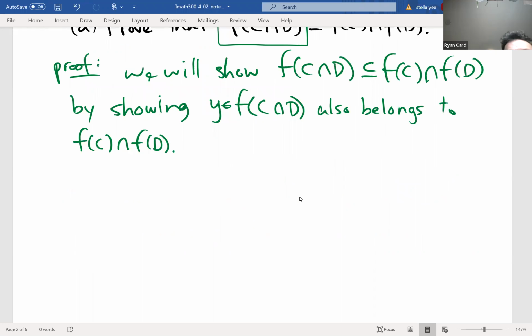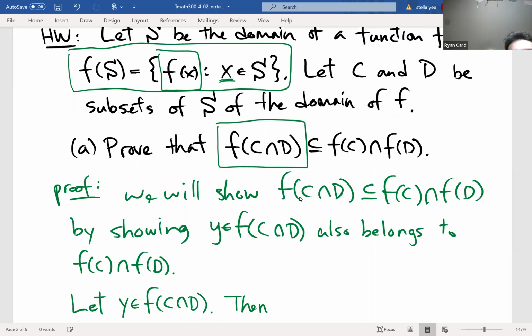Okay, so we'll let element y be part of f of C intersect D. That is equivalent to saying, so we're using this definition right here: if you're in the set f of S, then there's some x such that you get that output.